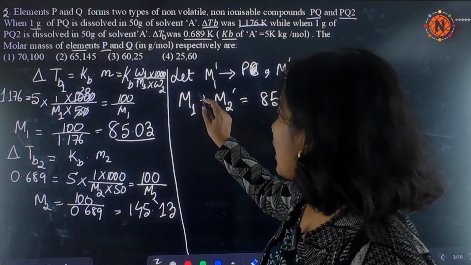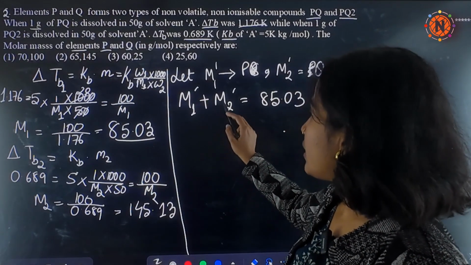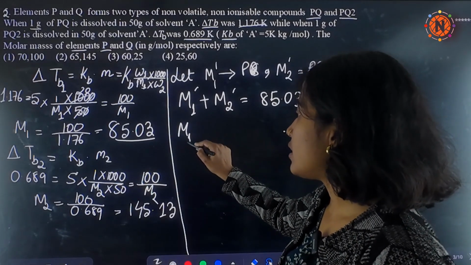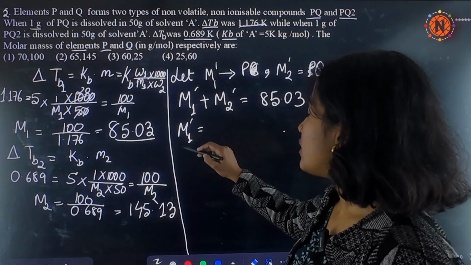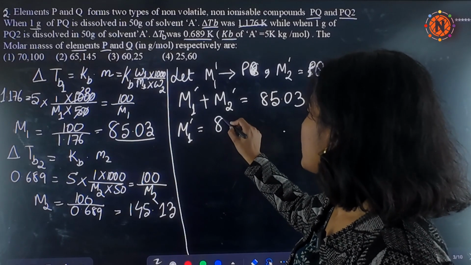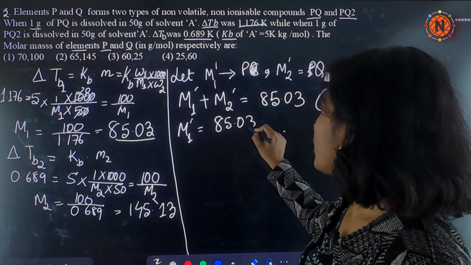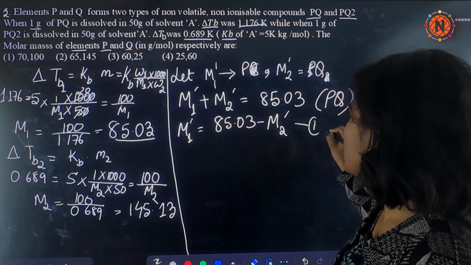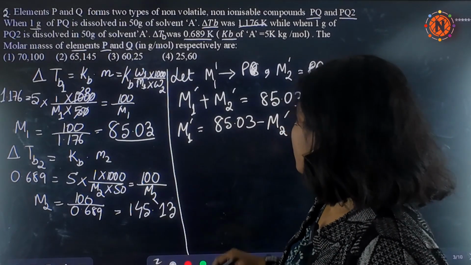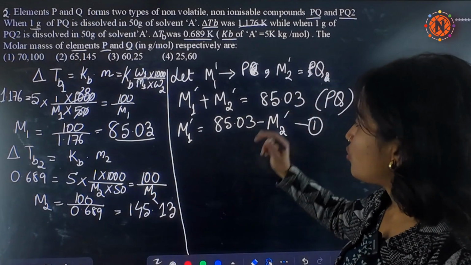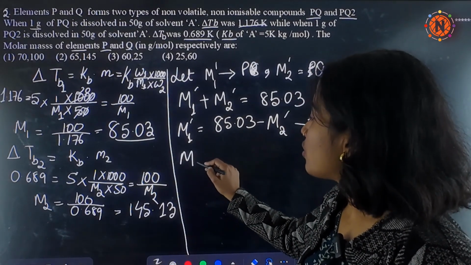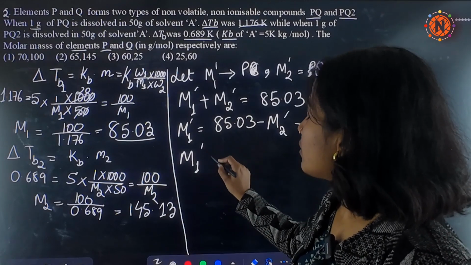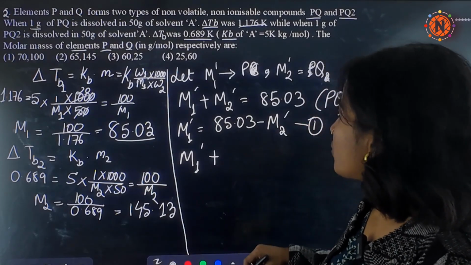Now I need to find out the molar masses of P and Q. So let us consider the molar mass of P in the equation as 85.03 minus M2 dash. Consider this as equation number 1. Next, moving to the another compound, that is PQ2. In this PQ2, we will again write the following equation.